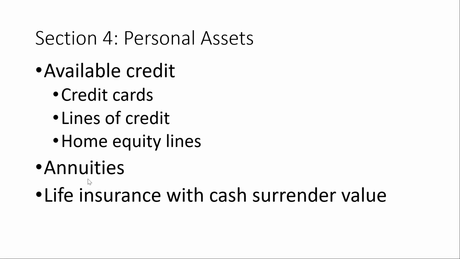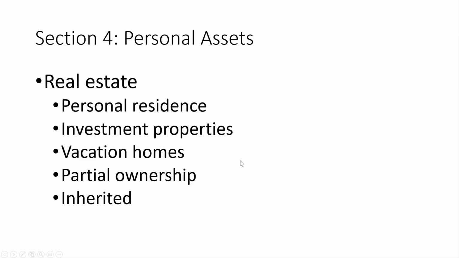Then there are obviously insurance products out there that have cash value, that if they're accessible, the IRS will expect the taxpayer to tap into those. If there is real estate in question, personal residence, investment property, vacation home, etc., the IRS is generally not in the business of seizing a primary residence.